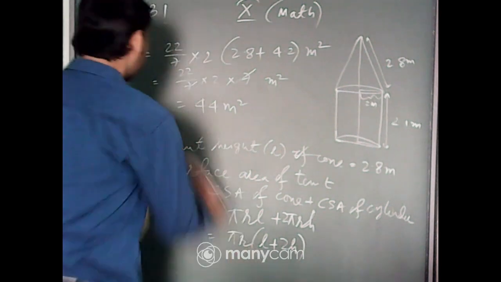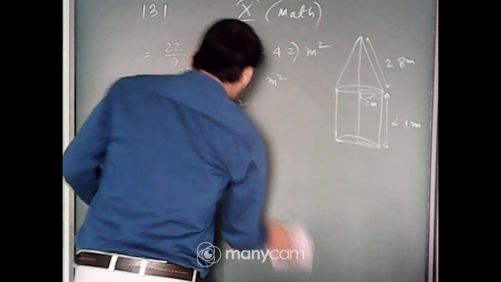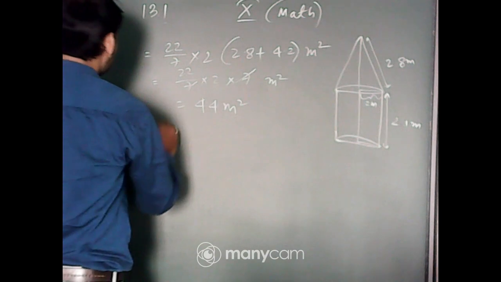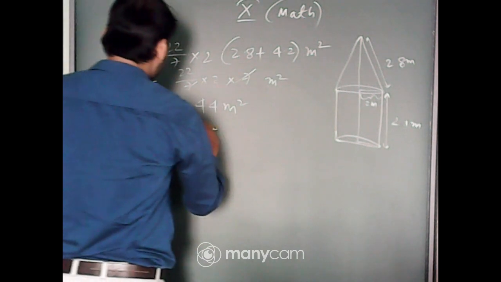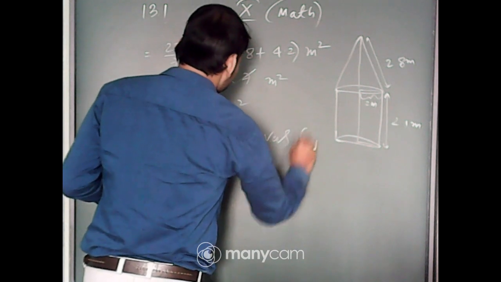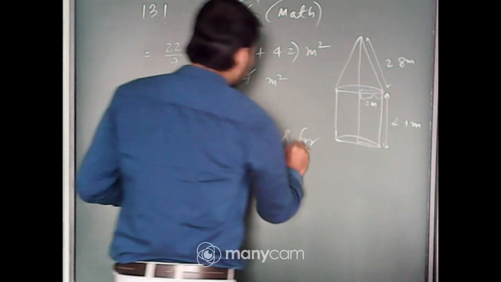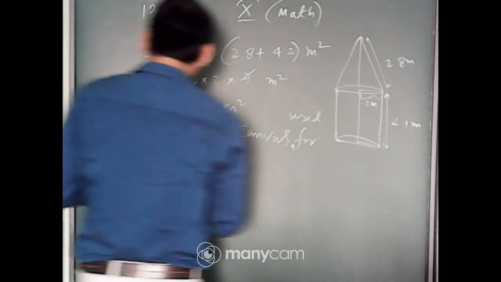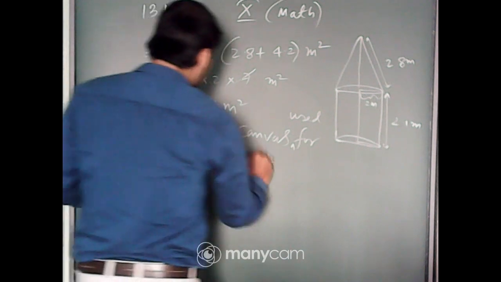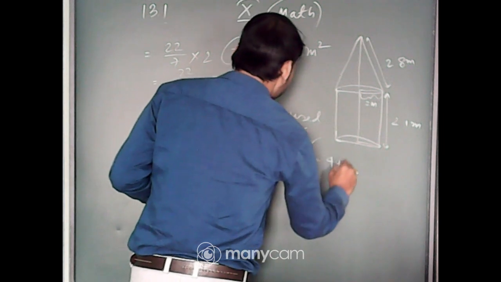Therefore, area of canvas used for making the tent is 44 meters square.